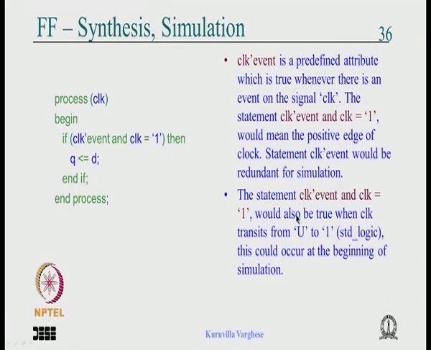But mind you, there is one difference though. Suppose at the beginning of simulation the clock was U, and then the clock started coming as 1. Then there is a transition from U to 1, and this can false trigger as far as simulation is concerned. When it simulates, there is a clock tick event which is U to 1 and clock is 1, and that is true. So a U to 1 transition can trigger a computation in simulation.